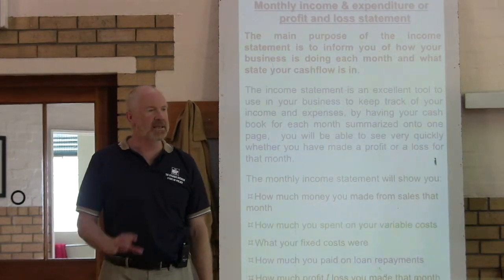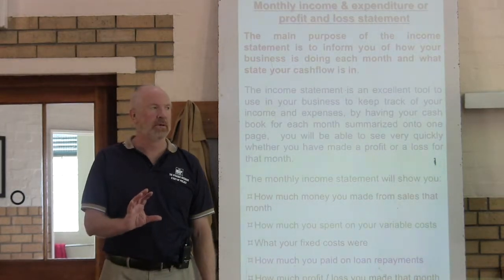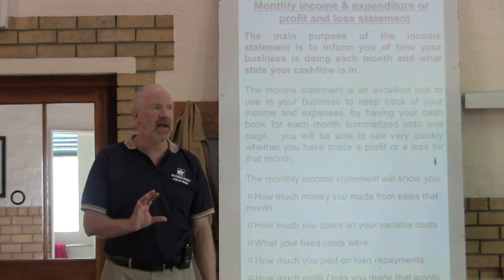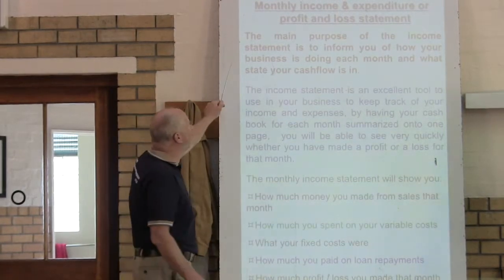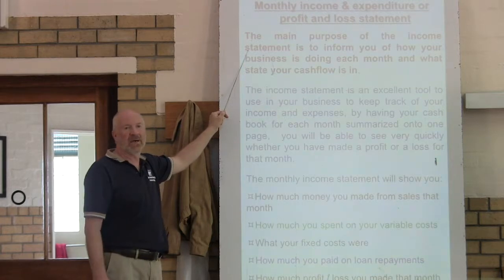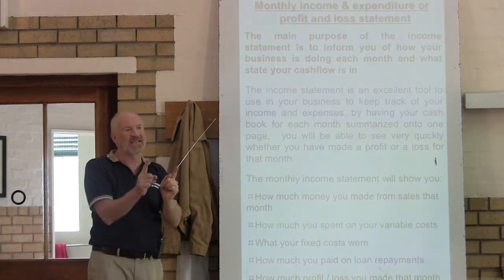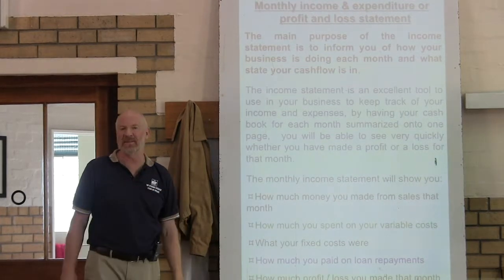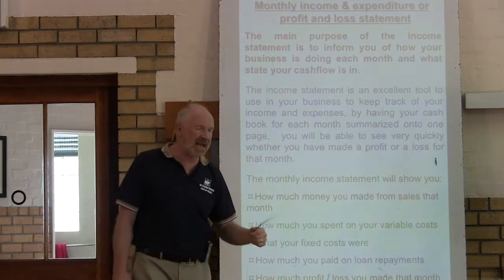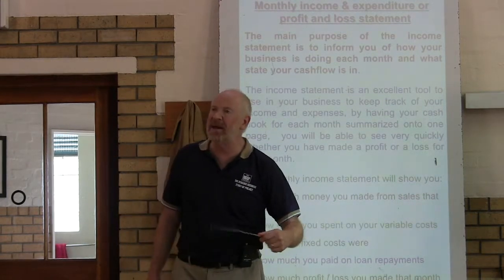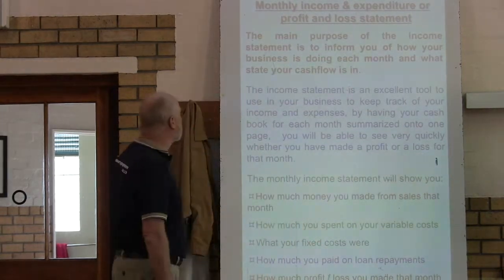So basically it is a statement, generally a one-pager, that summarizes everything that you are doing. By the way, an income and expenditure statement is often abbreviated to just the income statement. So whenever you hear a company saying the income statement, what they mean is the income and expenditure statement.